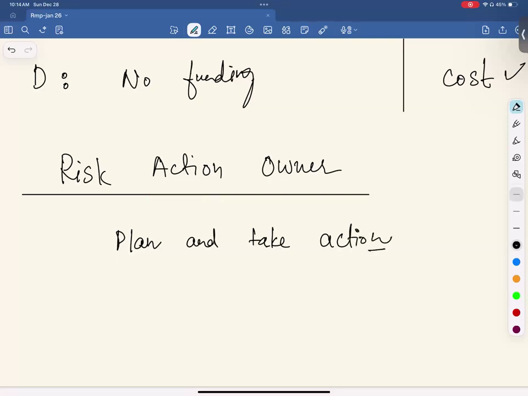Let's say Safdar has a team member who will be responsible for this. That individual is the risk action owner, the person who would be taking action, anyone who is responsible for that particular risk. And there could be multiple people responsible for that. You understand, everybody? Project manager, then risk manager, then risk owner, and then risk action owner.